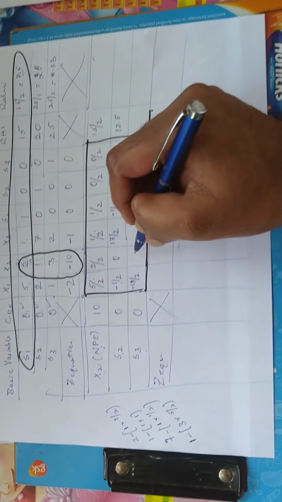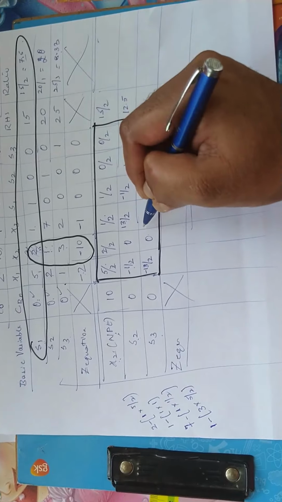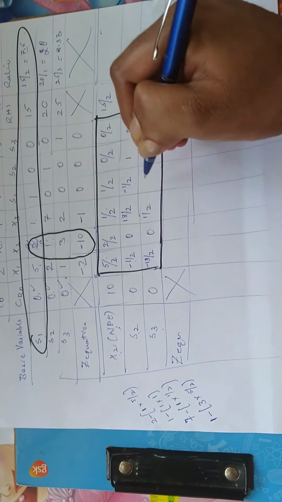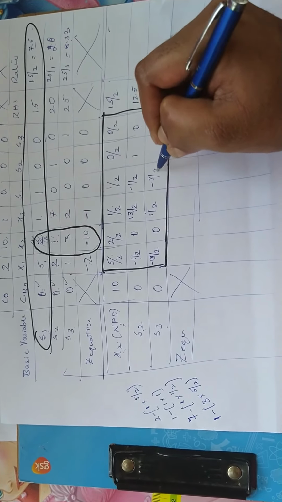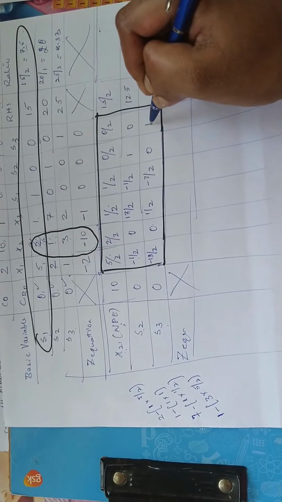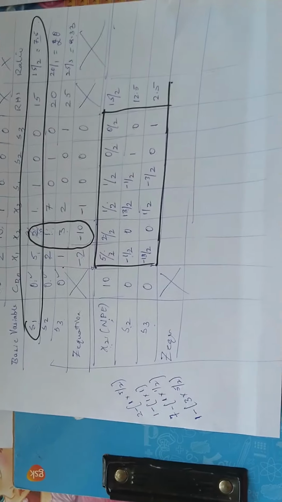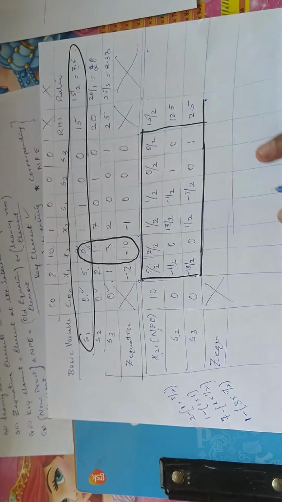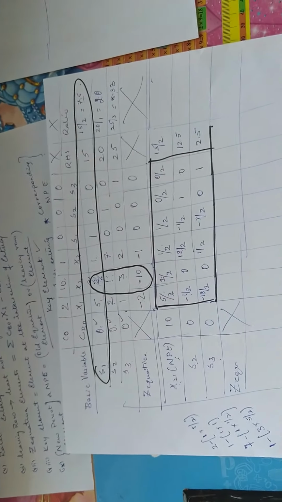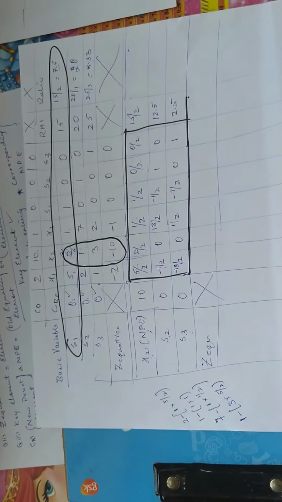Similarly, for the rest of the calculations, the values are 0, 1 by 2, minus 3 by 2, 0 and 1, and the RHS also changes. This is all the calculation that needs to be done on a repetitive basis until a conclusion is arrived at.